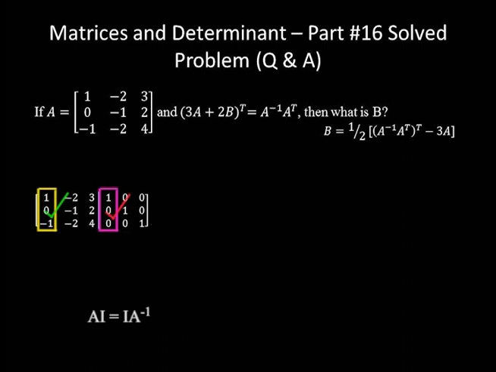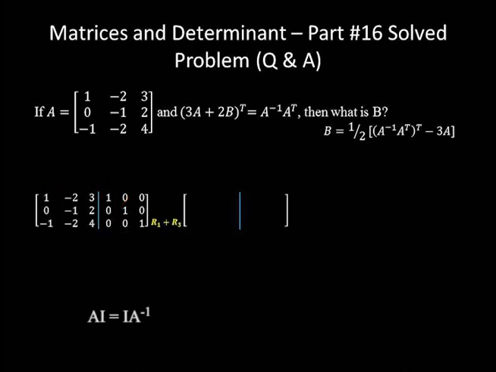To convert this negative 1 to 0, we either add positive 1 to it or subtract negative 1 from it. We have positive 1 here in row 1. Thus, to convert this negative 1 to 0, we can add this 1 to it. This addition has to apply to all elements of row 3. Thus, the formula is row 1 plus row 3.